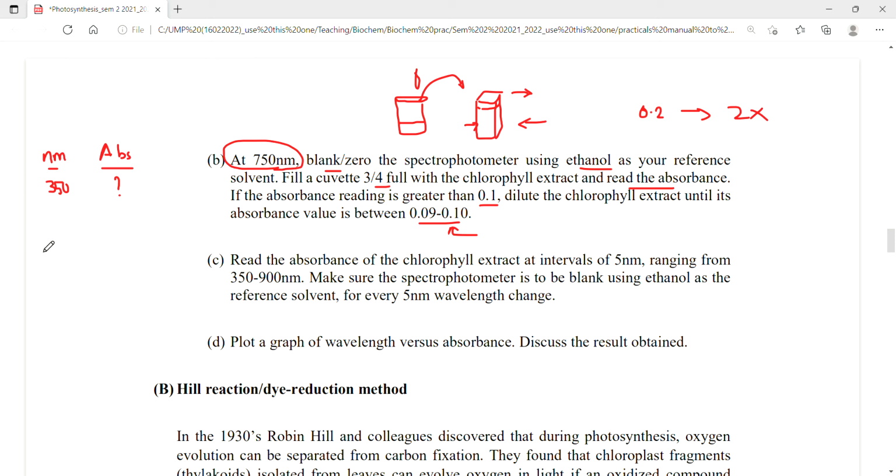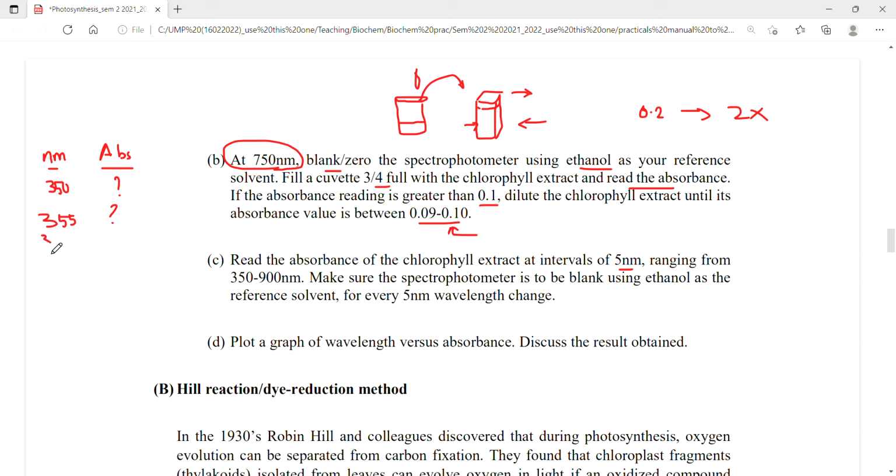Next, you change the wavelength from 350 to 355, and then blank the instrument and read.